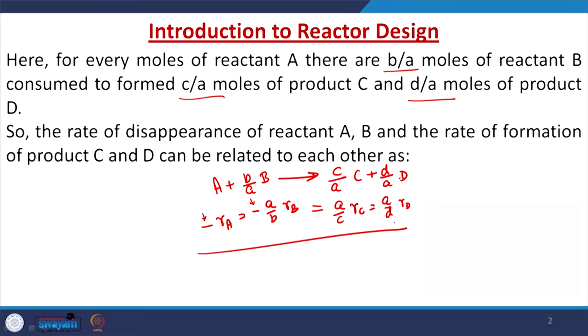So, this is the rate equation. In this way we have already discussed and given a clue about the importance of a rate equation. Now, come to the rate law.